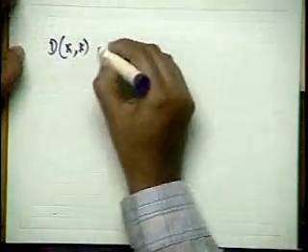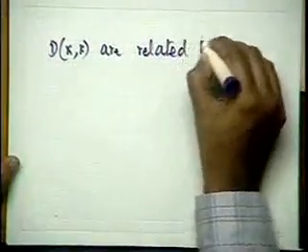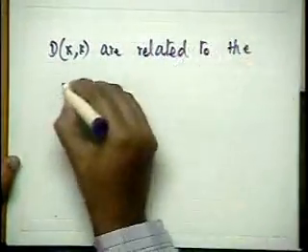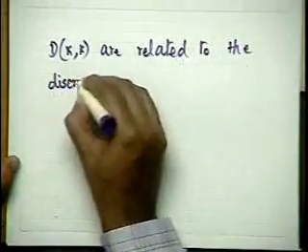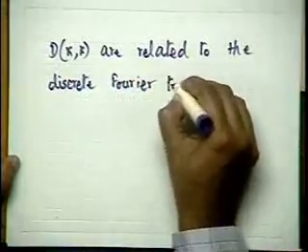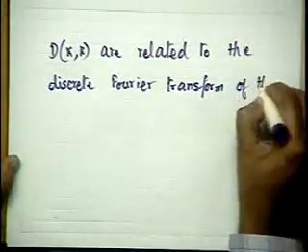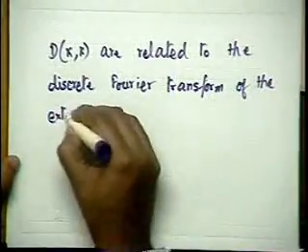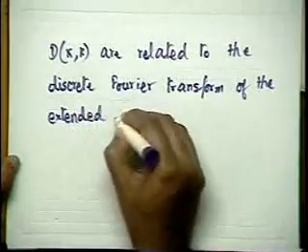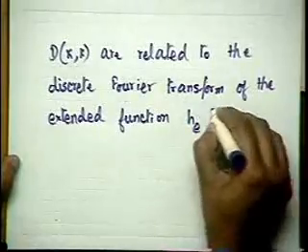So I can say that D of k, k are related to the discrete Fourier transform of the extended function HE of x, y.